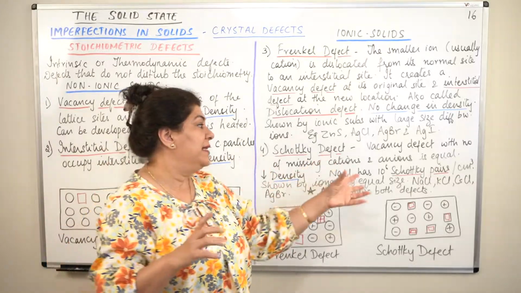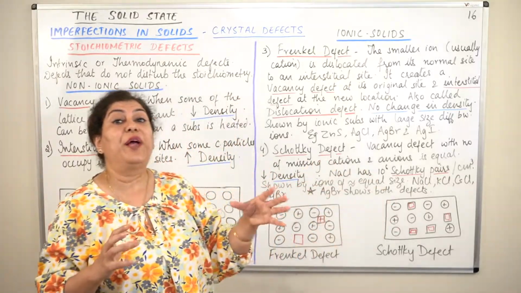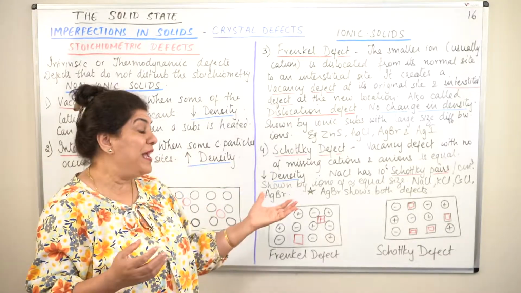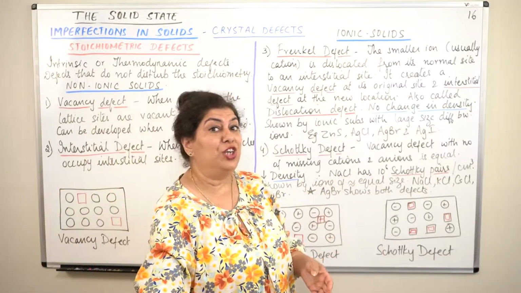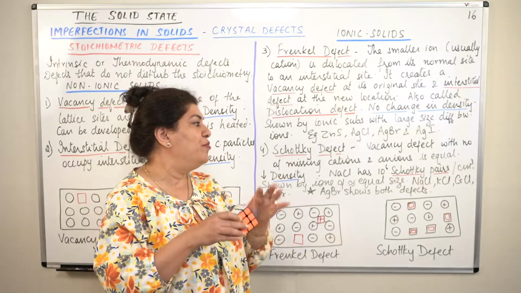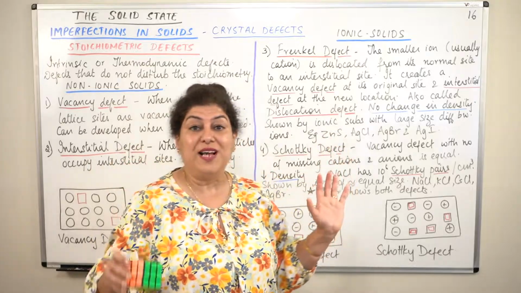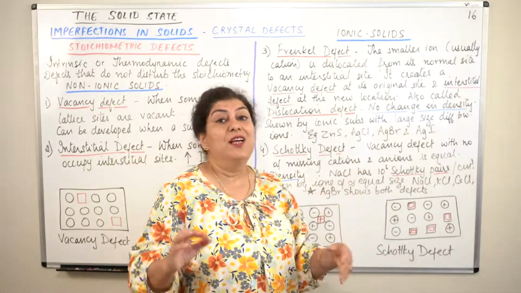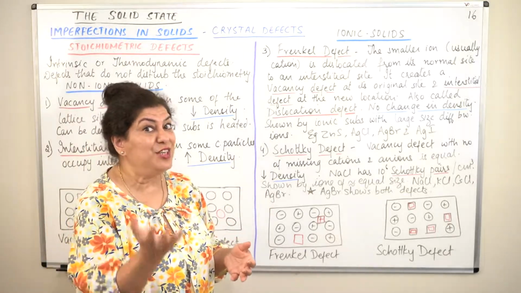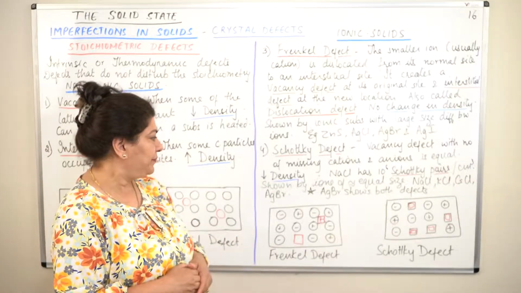Those many cations and anions, sodium and chloride ion pairs, are missing. Therefore, imagine when the number is so large in one cube, although to form a 1 centimeter cube there would be so many of these ions, yet 10 to the power 6 is a large number for the Schottky pairs to affect the density of sodium chloride.